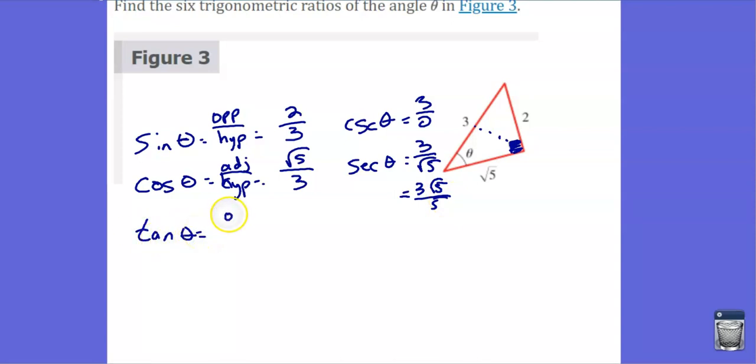Tangent is opposite over adjacent, so that would be 2 over square root of 5, or 2 square root of 5 over 5. Cotangent is the reciprocal of that, square root of 5 over 2. All right, so I found all 6 trig functions based off of theta.